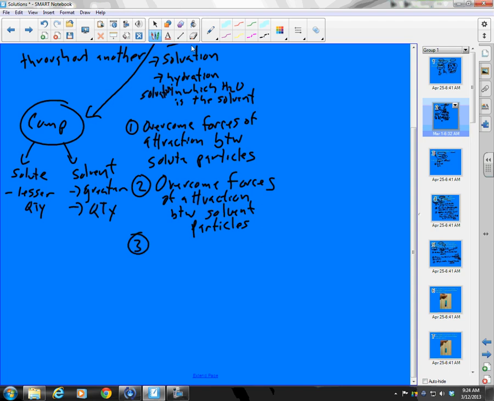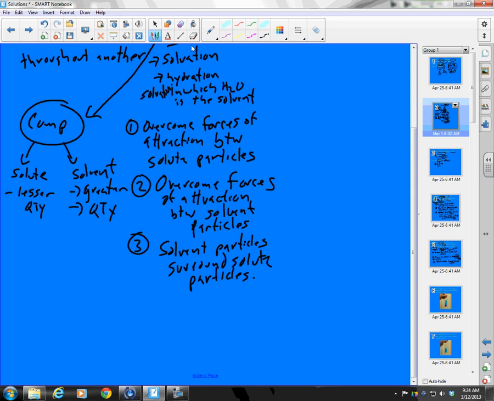And then 3, because of an attraction between solute and solvent, my solvent particles surround my solute particles. And we have a solution.